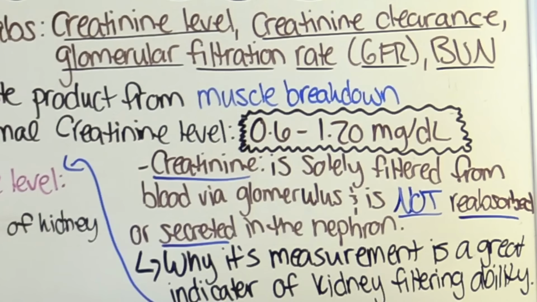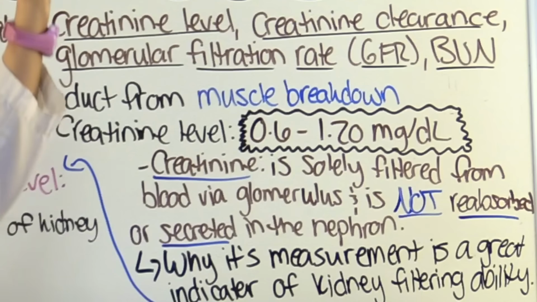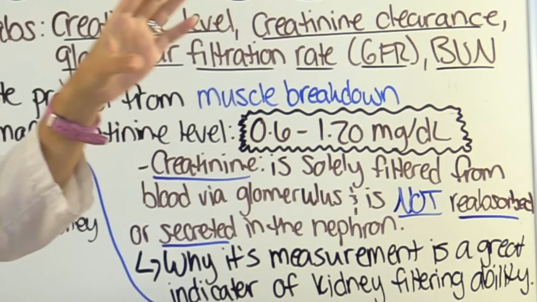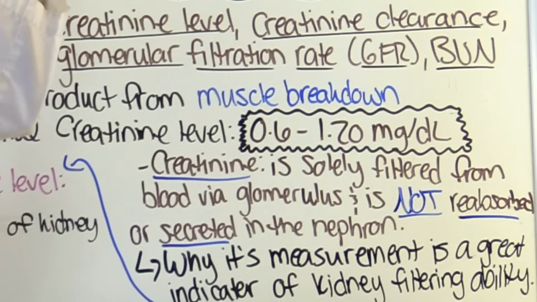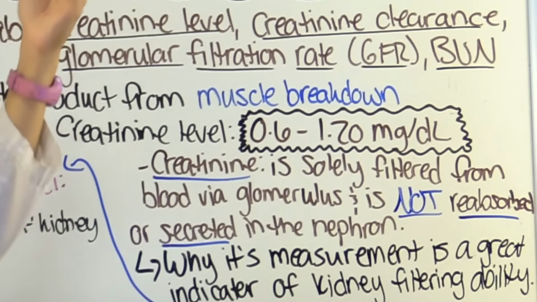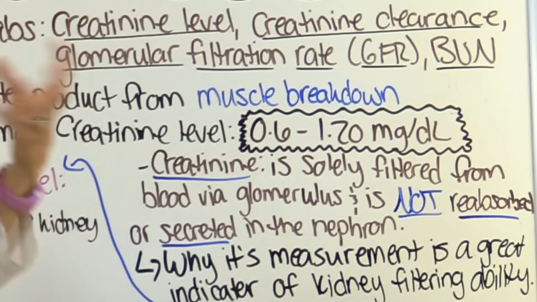Now normally, other substances that go through there like water, sodium, and potassium will go through the renal tubule, and parts of the sodium and water are going to be reabsorbed back into the system, and what we don't need will void out. Well, with creatinine, it's not going to be reabsorbed or secreted in the nephron. It is solely just filtered out, which is why creatinine is a great measurement to help us determine how the kidney is filtering.